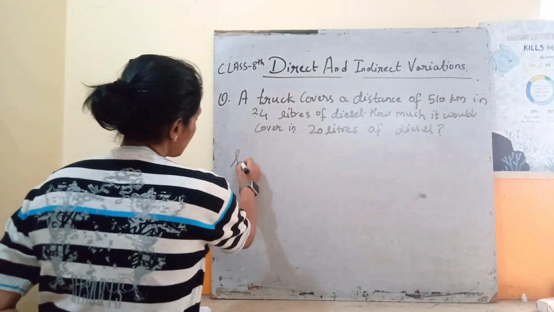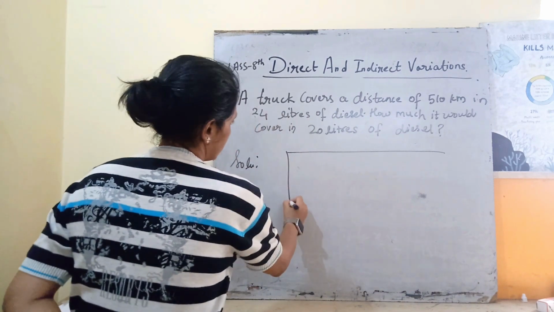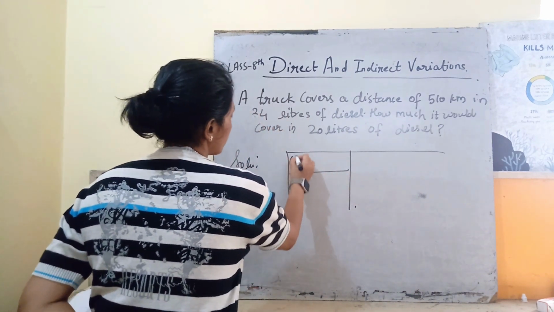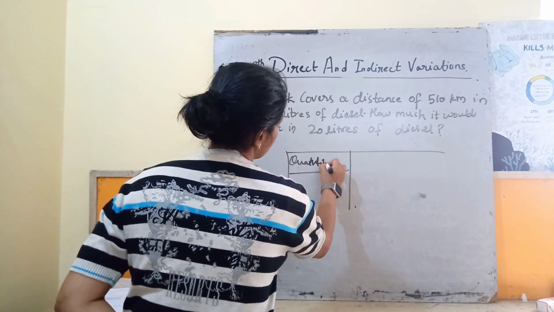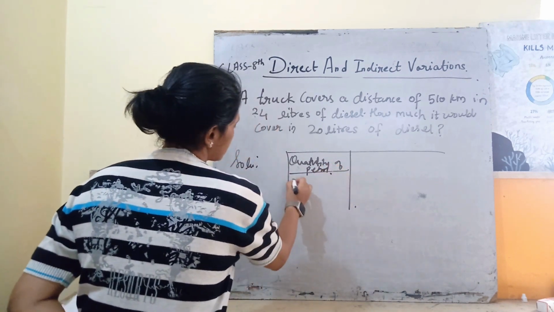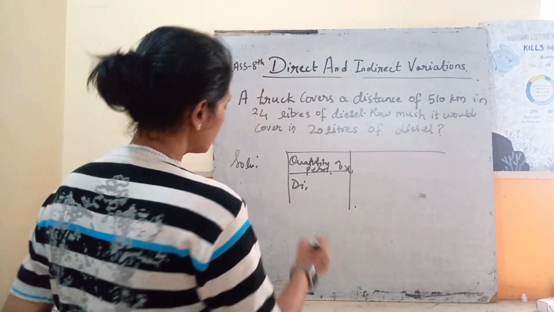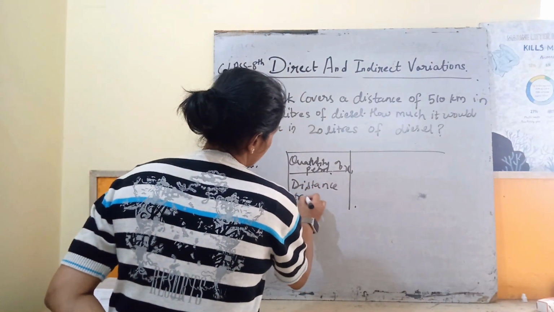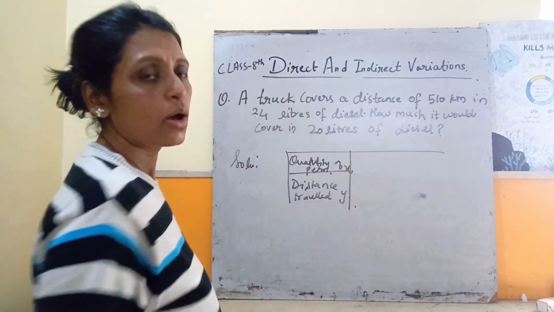Now the first quantity, the quantity of petrol, we can take as x, and the second quantity, the distance traveled, you can take as y.